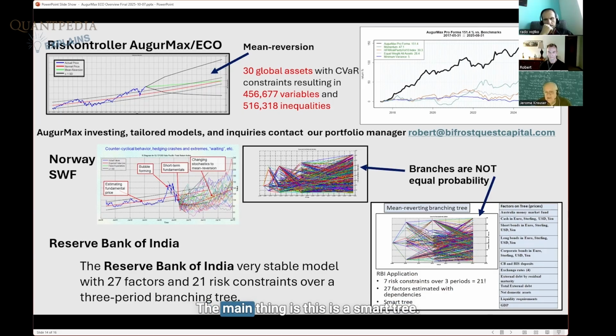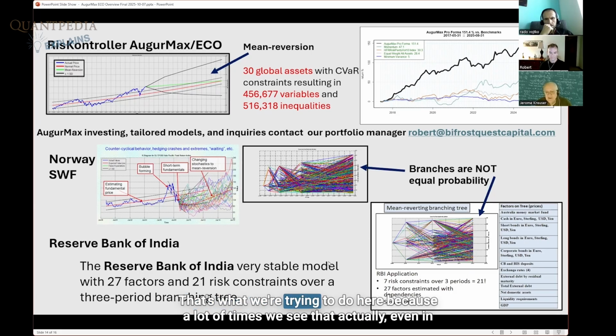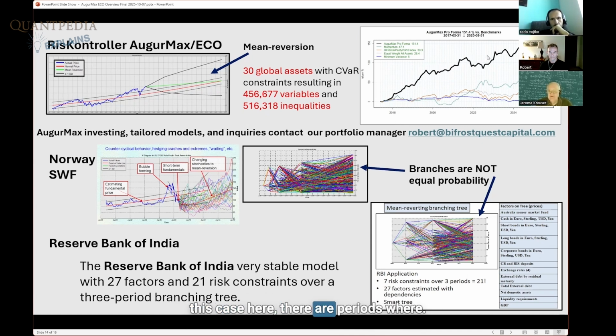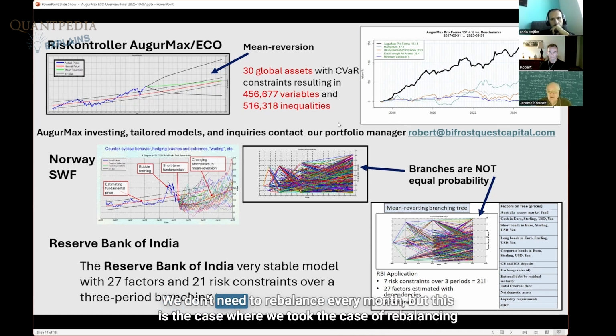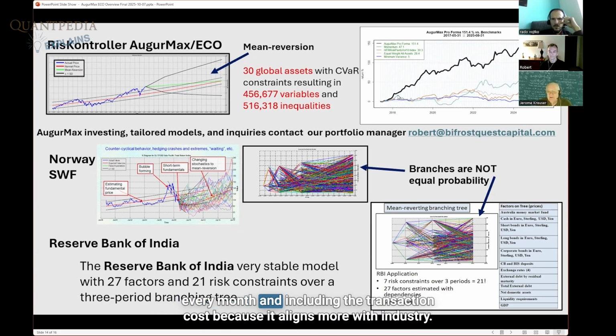The main thing is this is a smart tree. It's tricky to build a smart tree. That's what we're trying to do here, because a lot of times we see that, even in this case, there are periods where we don't need to rebalance every month, but this is the case where we took rebalancing every month and including the transaction costs because it aligns more with industry.